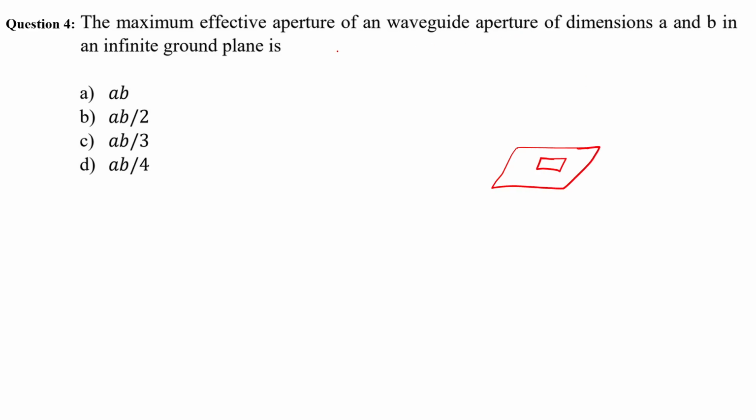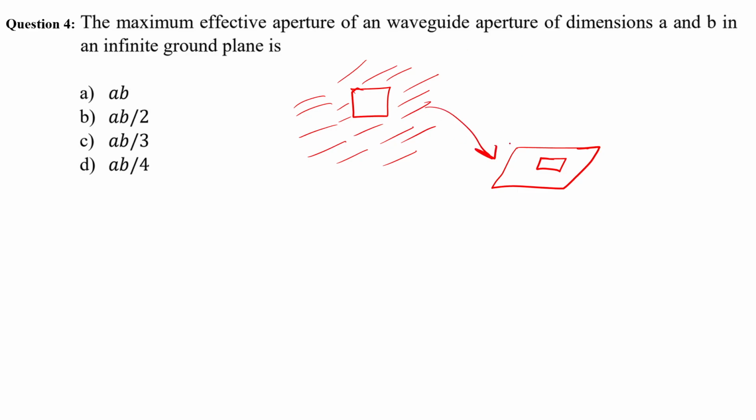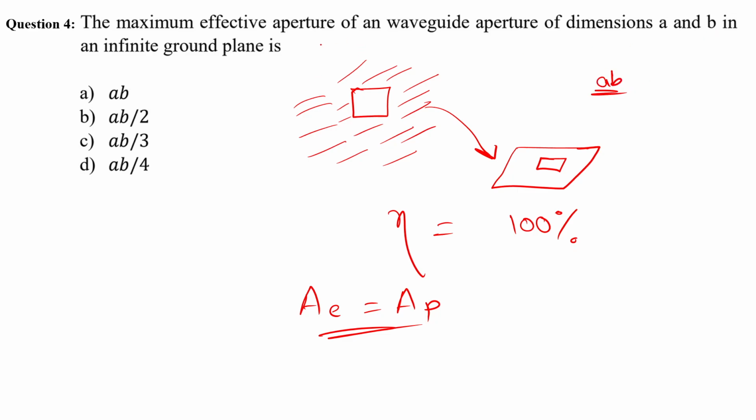It's a slot only, because the waveguide aperture is on an infinite ground plane. Suppose this is the aperture surrounded by the infinite ground plane, so it acts like a slot, and we have seen that the aperture efficiency is 100%. That means A effective equals A physical. For a rectangular waveguide, the area is AB. Effective aperture will be the same as the physical aperture.